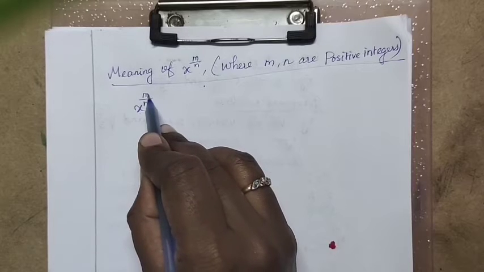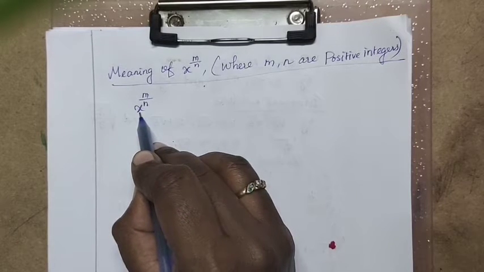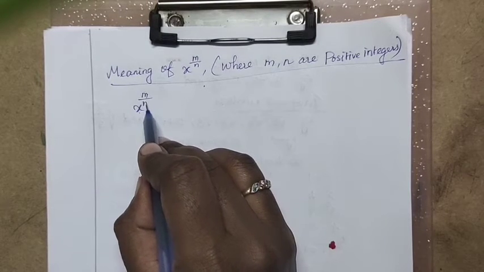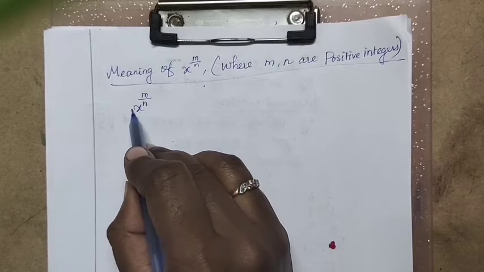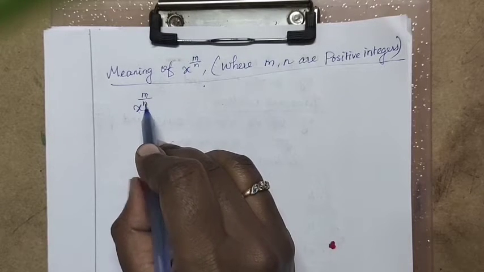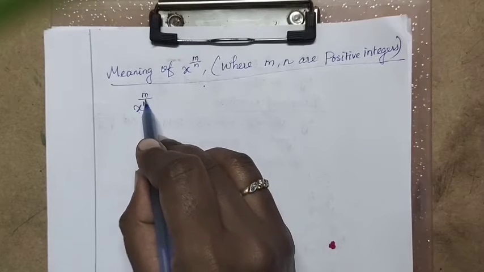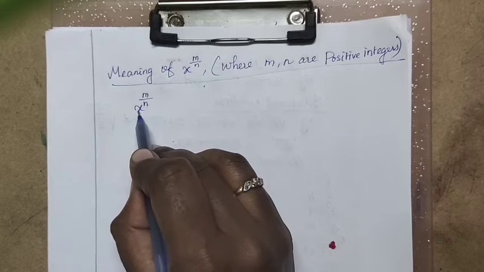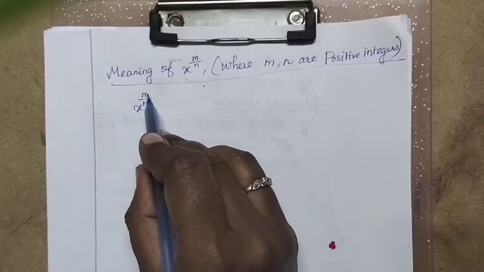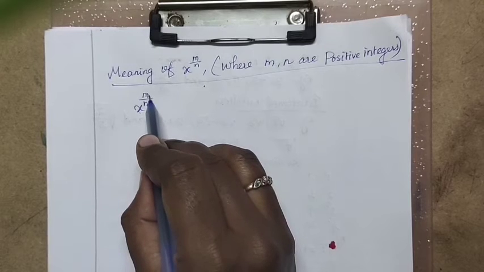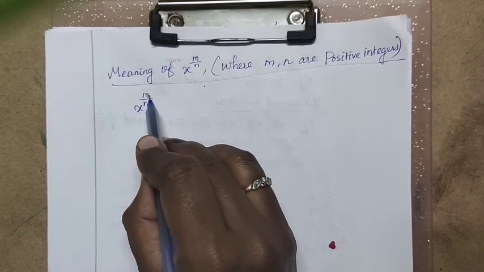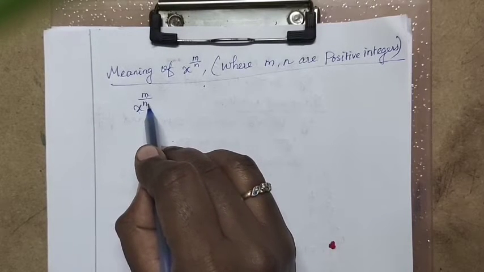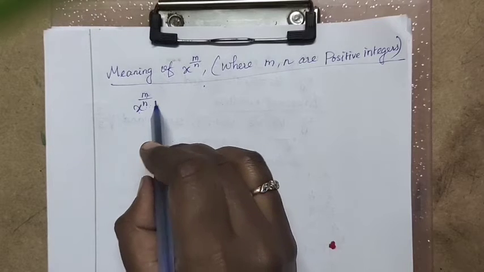Already we know 1 by n, that number means that is the root value, isn't it? So this is n, 1 by n. Whichever number comes in this place, it is the root of this number. Whatever comes in the numerator is the power. Are you clear? Numerator number is power, denominator number is root.